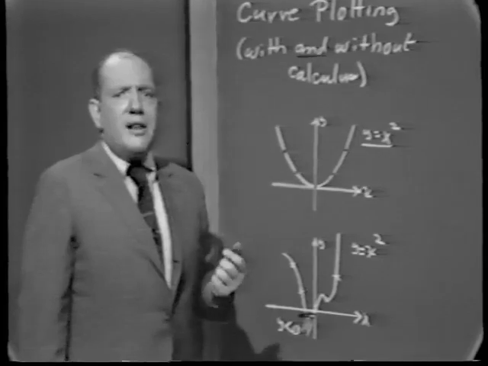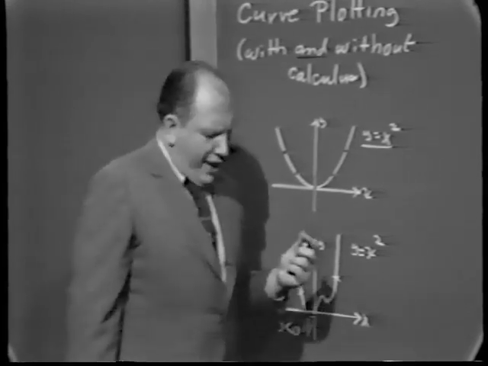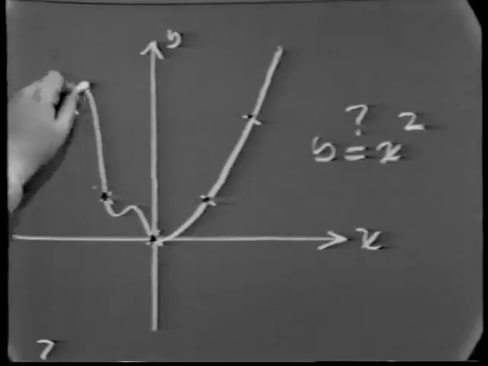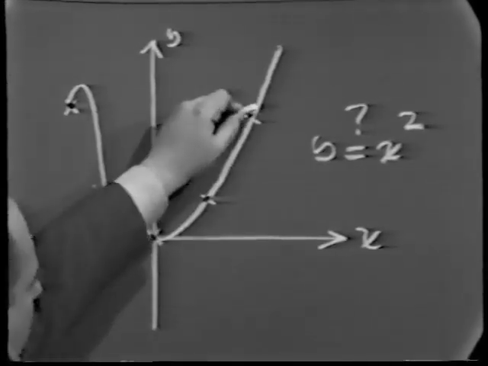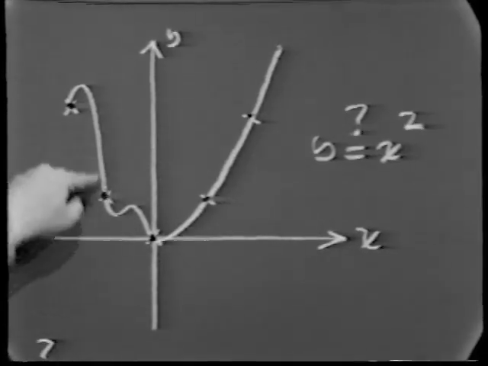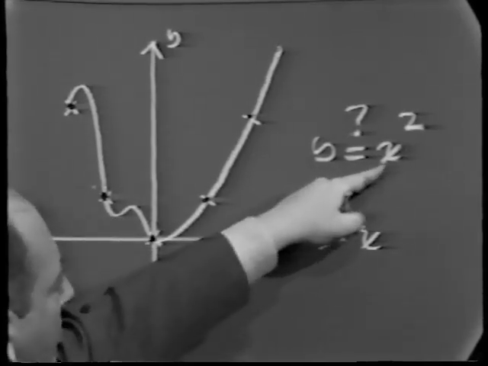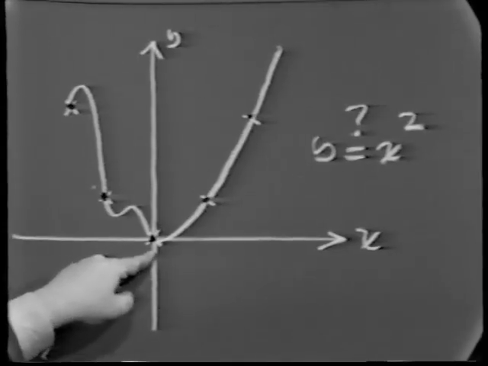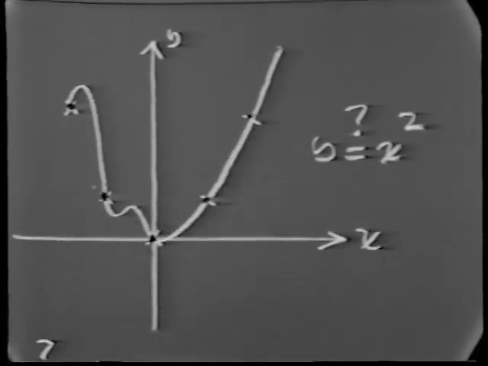Well, armed with this information, we could say, okay, given the same points here, why couldn't the curve go through something like this? See, why couldn't this be? That's what the question mark is in here for. Obviously, this is not the graph of y equals x squared, but the question is, noticing that this curve doesn't go below the x-axis, what's wrong with this?